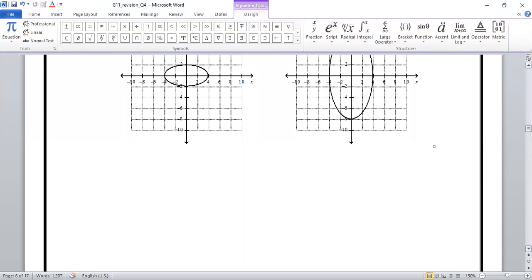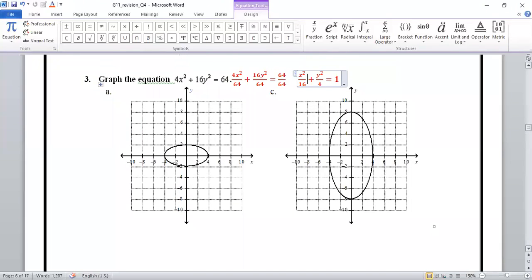Okay. And the distance from the center to the vertex equals 4. The center is at (0, 0). So the distance from the center to the first vertex is 4, and to the second vertex is 4.